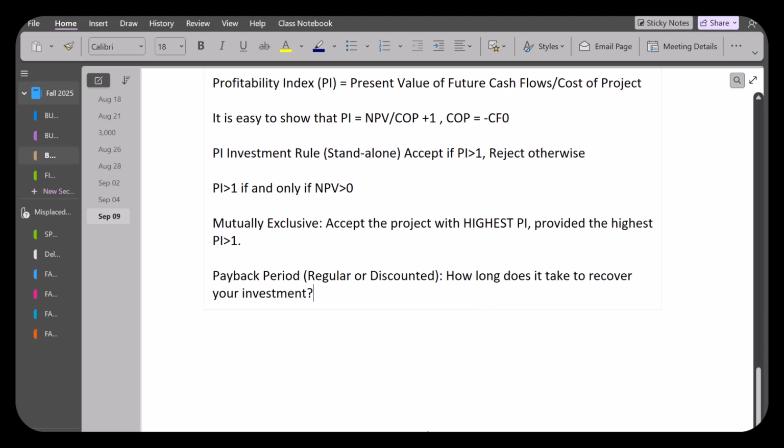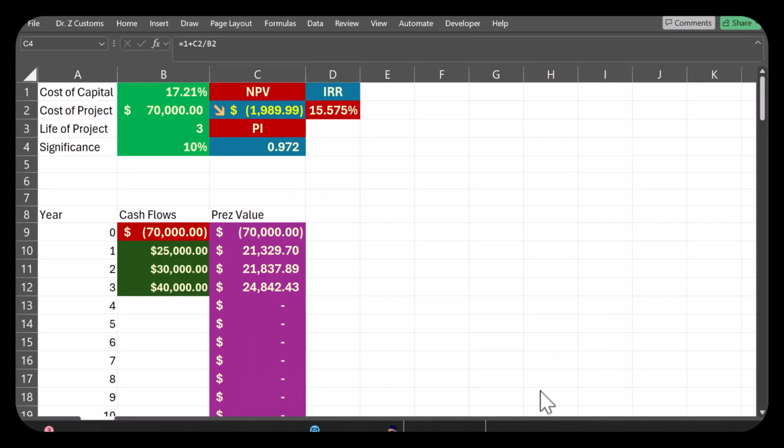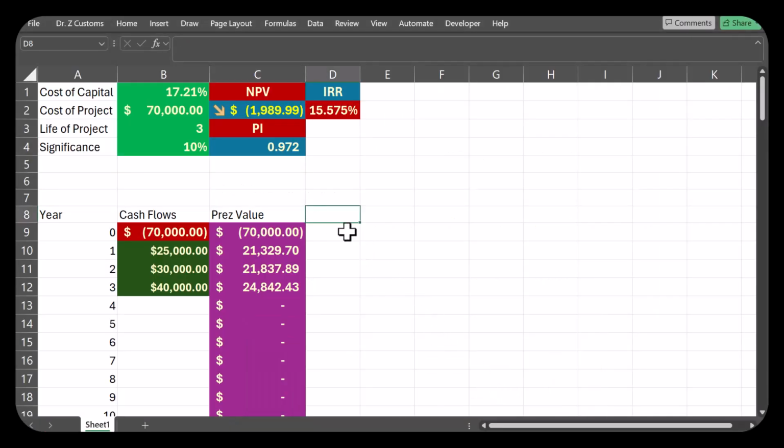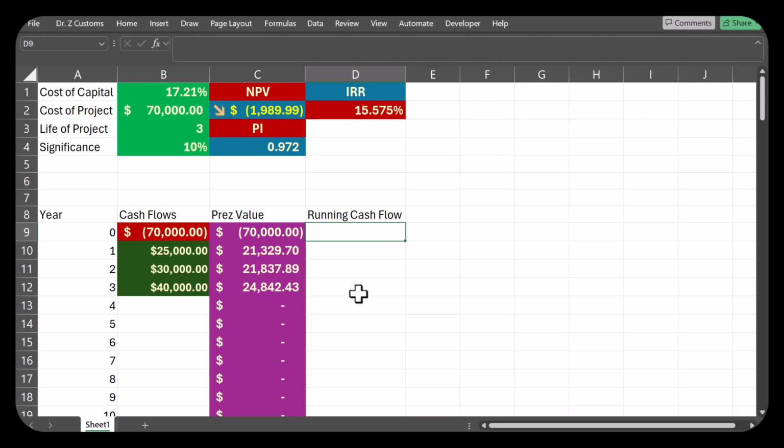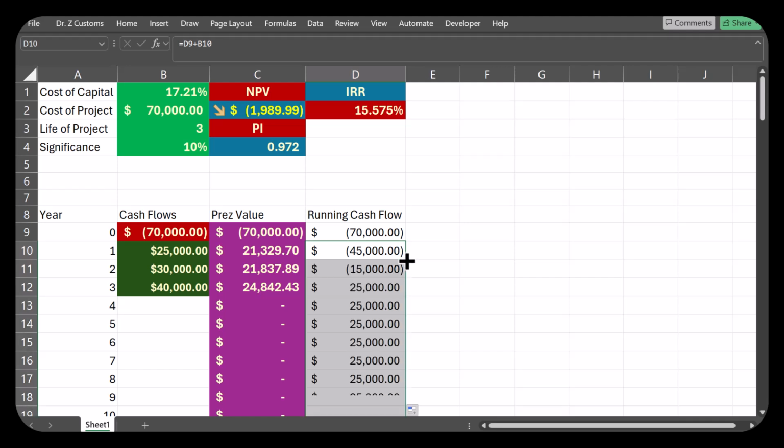But we're going to build calculations. To do that, first, I'm going to calculate a column called running cash flow. This is basically cumulative cash flow. For year 0, that's just the original cost. And for year 1, the previous running cash flow plus that year's cash flow, and calculate it all.